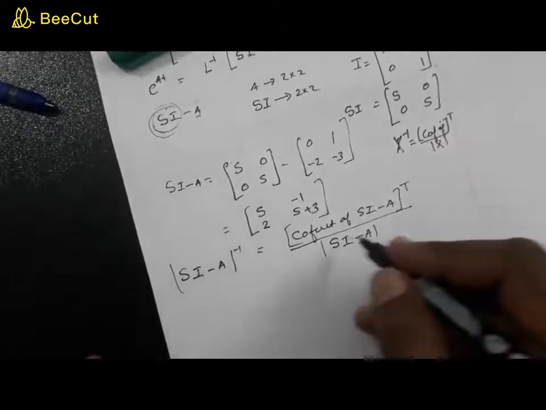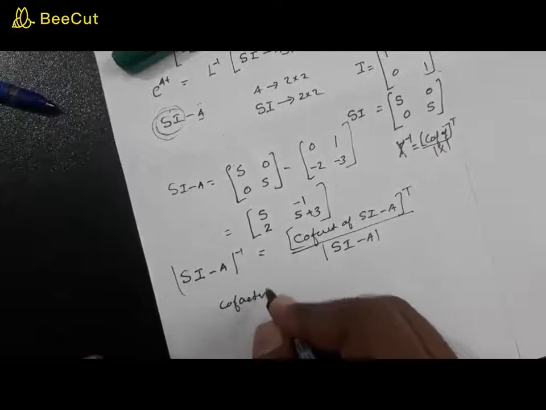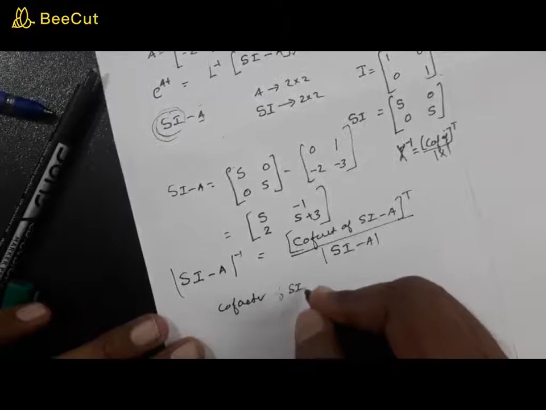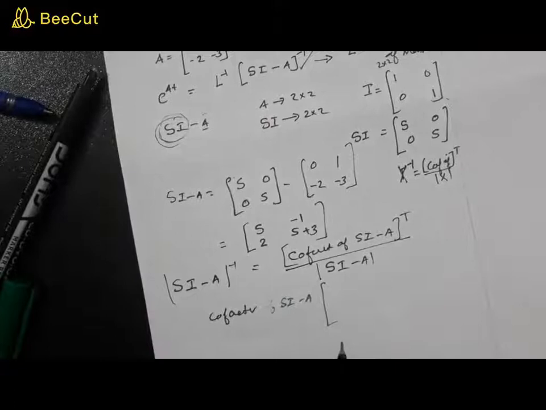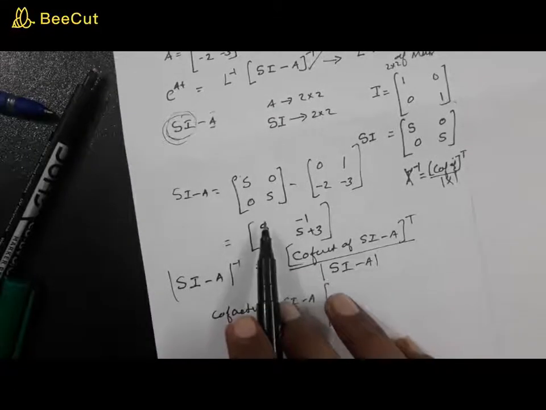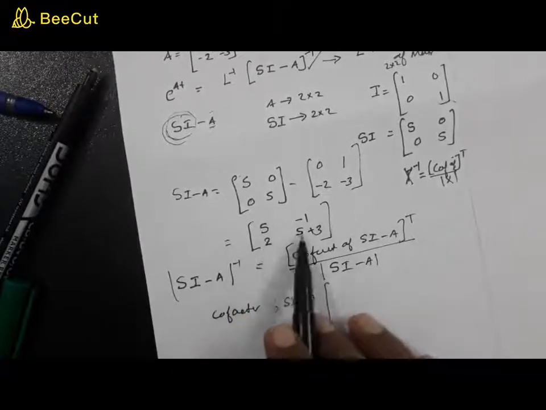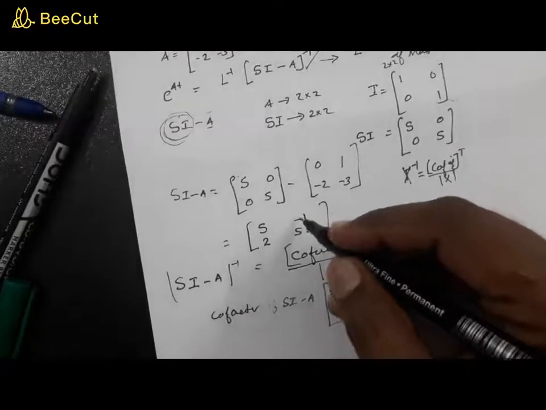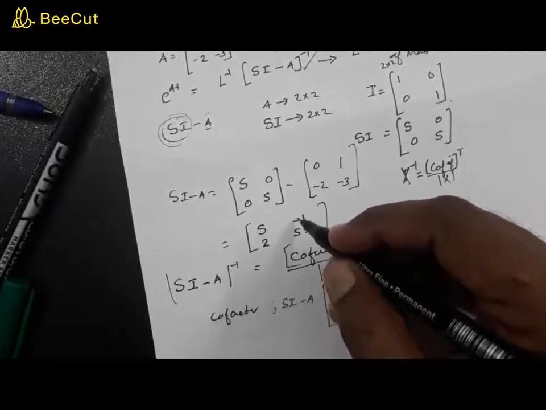So first of all, let us see the cofactor of SI minus A. How will you find the cofactor? See, this is SI minus A. Considering this element, delete its row and column, and you can see S plus 3. So this is plus S plus 3. When it comes to this side, this is negative, right? This represents negative anyway.